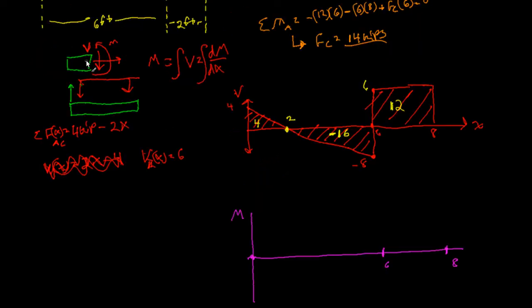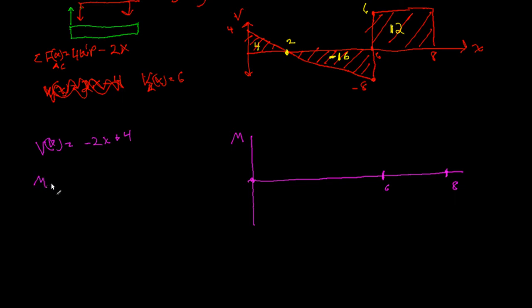And we also know what our first equation is. V of x equals -2x plus 4. So our M of x should equal the integral of -2x plus 4 dx, which is -x squared plus 4x.